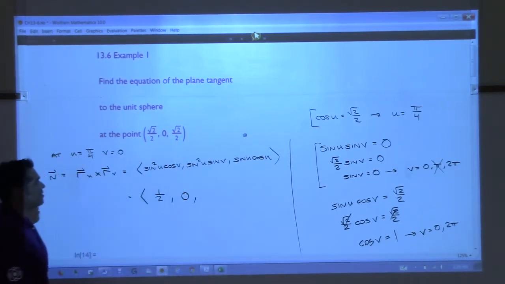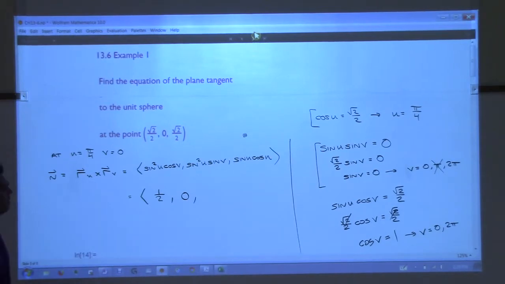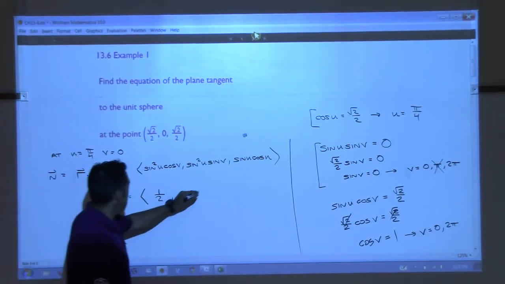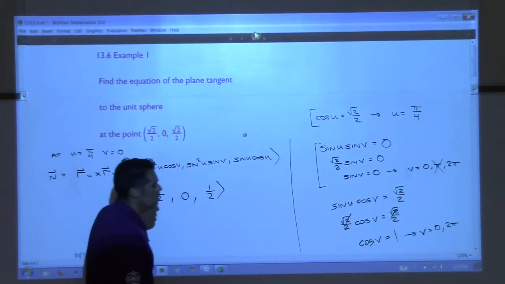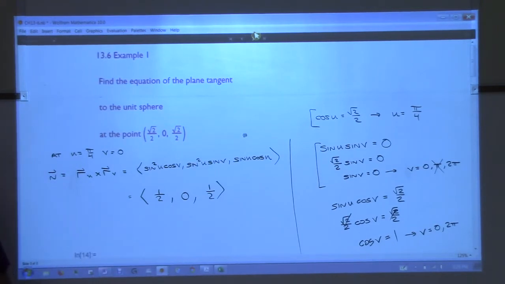And the last one: root 2 over 2 times root 2 over 2, so 1 half again. So this is the vector sticking out, normal to our surface at that point.